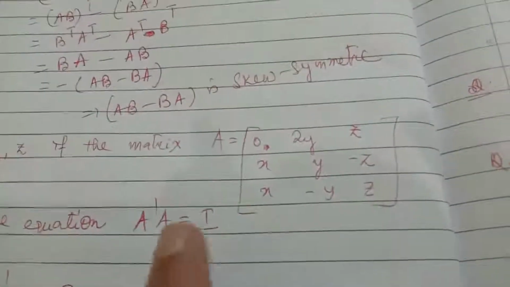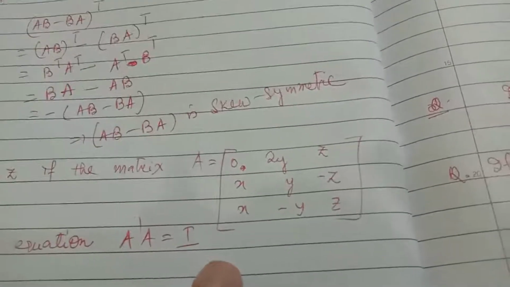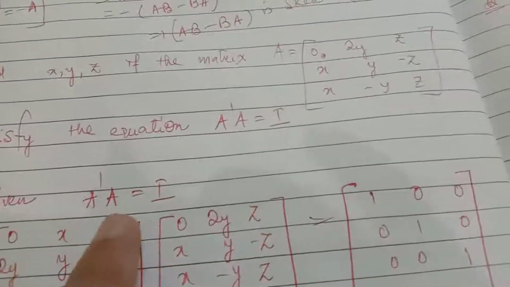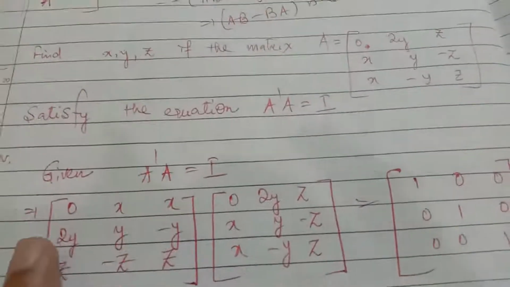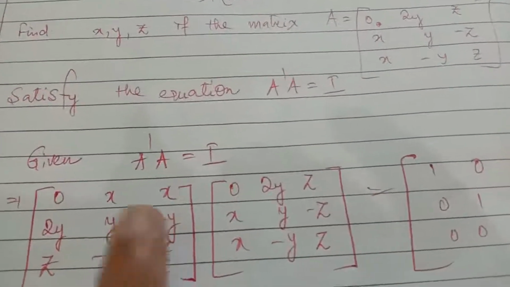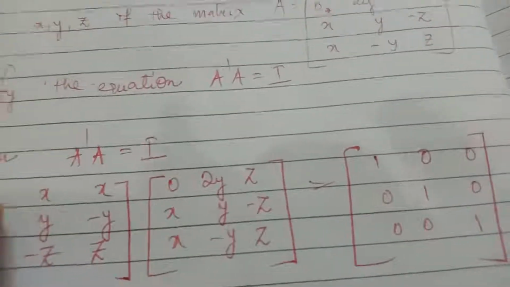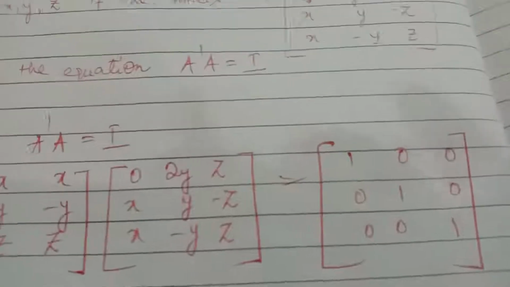Given A is a matrix and A dash into A equal to identity matrix, to find x, y and z. Now I have written the transpose of A. This is the transpose of the matrix A, that is A dash, and this is A equal to the identity matrix. A is of order 3, we have to write identity matrix of order 3 on the right hand side.